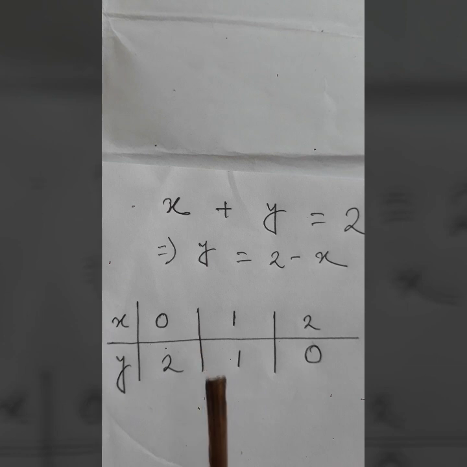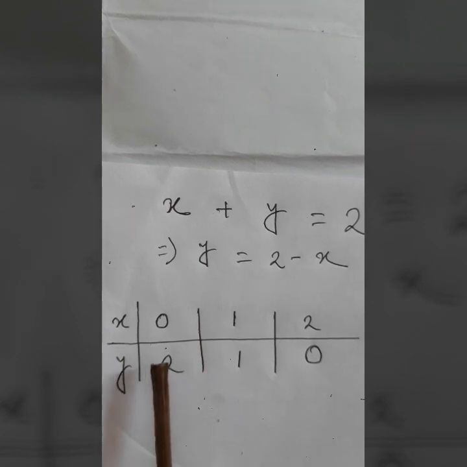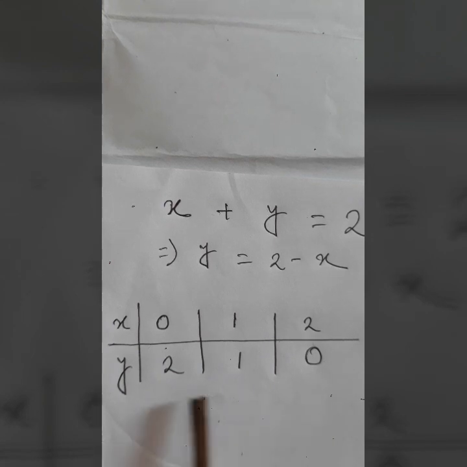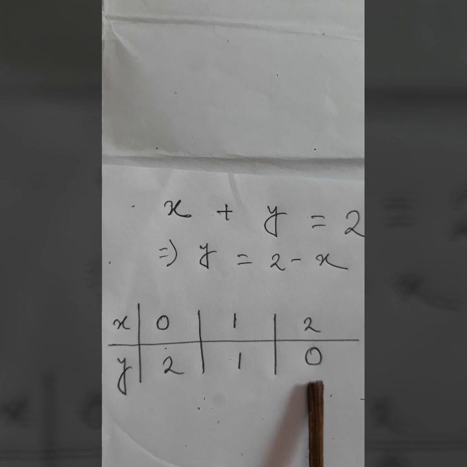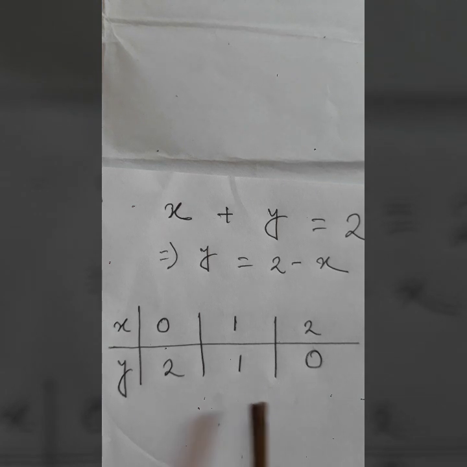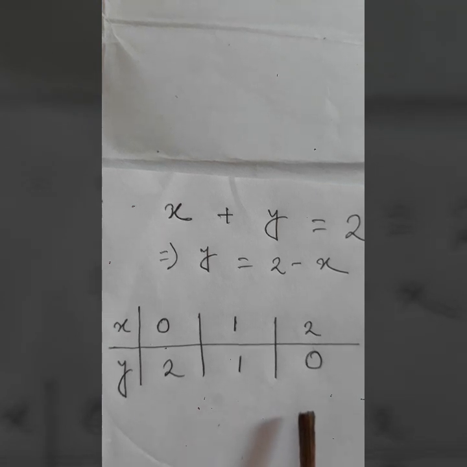As we know, 2 points confirm a straight line, and if there is any mistake, then the third point will tell us that yes, there is a mistake. If all these 3 points lie on that straight line, then we can say that our calculation is right. If there is any mistake, then any of these points may not lie on that drawing of the straight line.